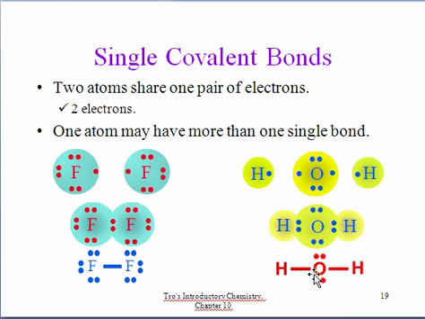Each line represents 2 electrons being shared. And when we count the total number of electrons that each atom has, we count the shared pair for each. So hydrogen has 2 electrons, hydrogen has 2 electrons, and oxygen has 8. 2, 4, 6, 8. And each fluorine here has 8.